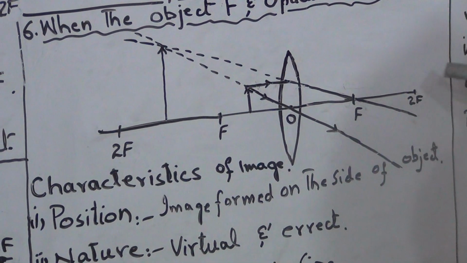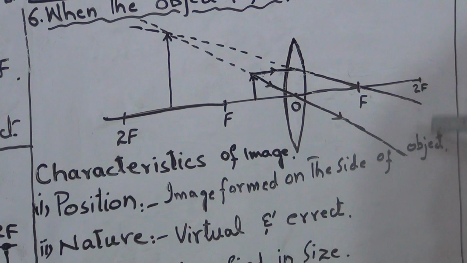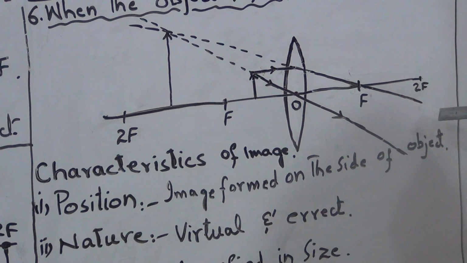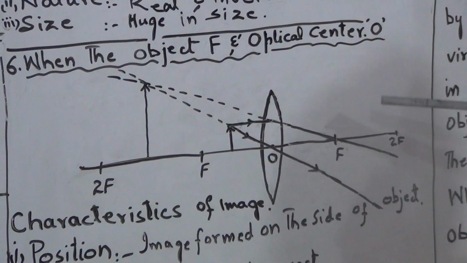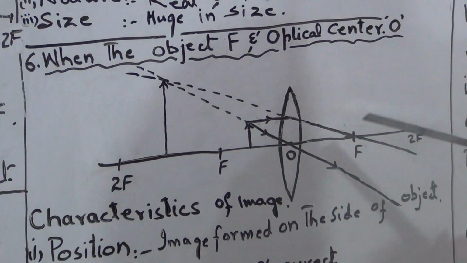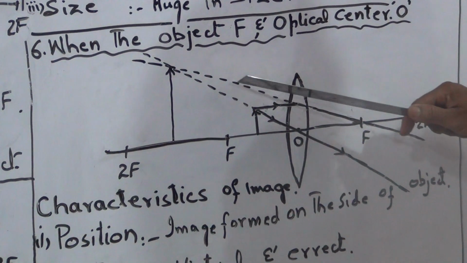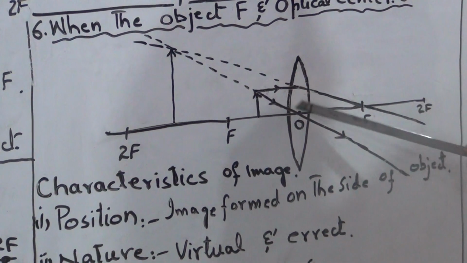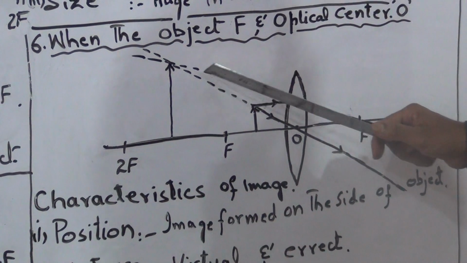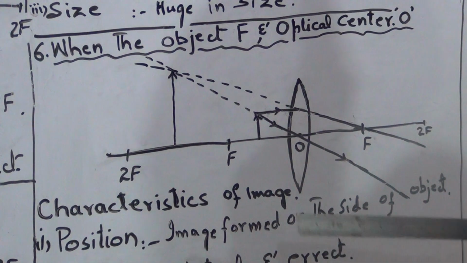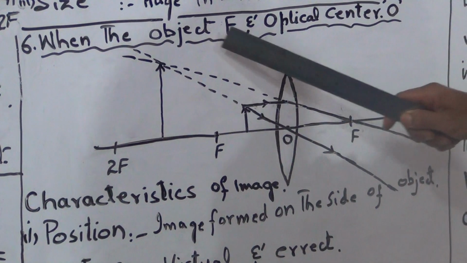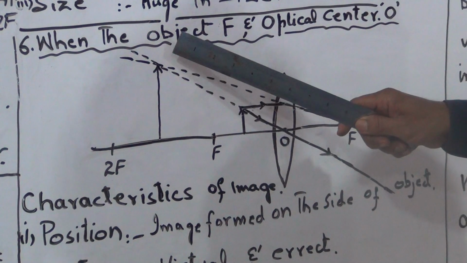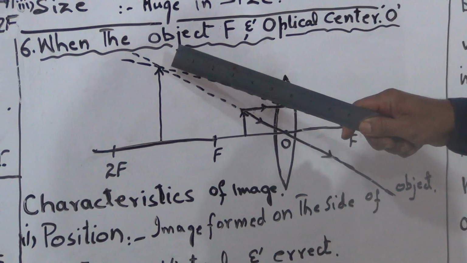Here there is no intersection. These rays will not intersect each other actually or really. So we bring these rays forward as a dotted line, and the other ray also as a dotted line. These are imaginary rays. This is an imaginary intersection.